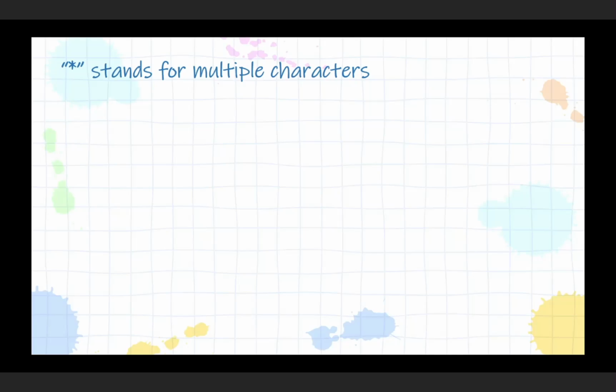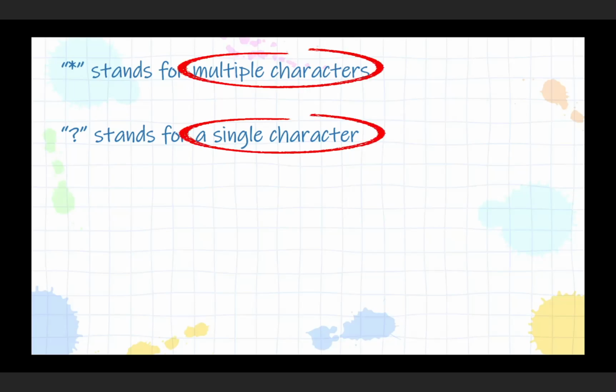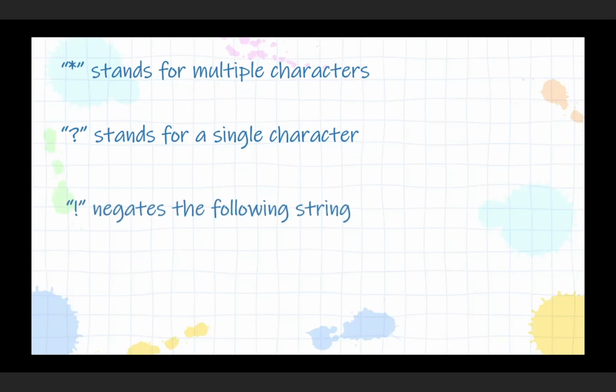Asterisk is not the only wildcard that works in the config file. Question mark stands for any single character in a label of a host, comparing with asterisk, which stands for multiple characters, and exclamation mark negates the string. That means not this string.